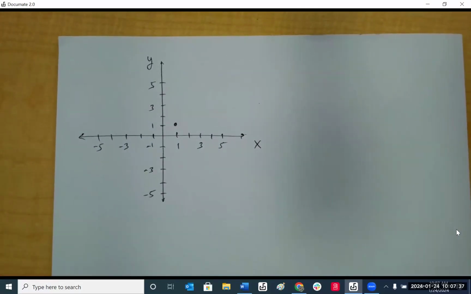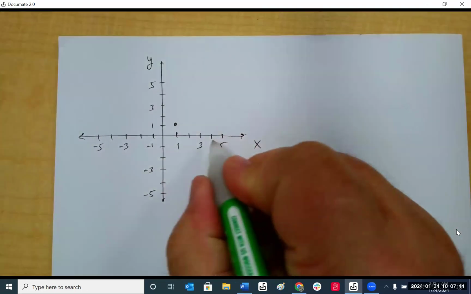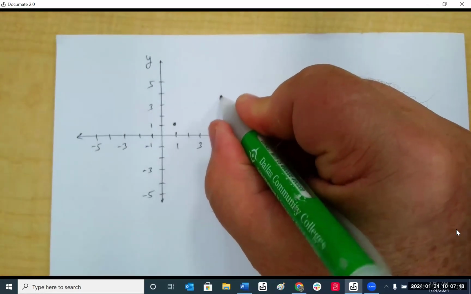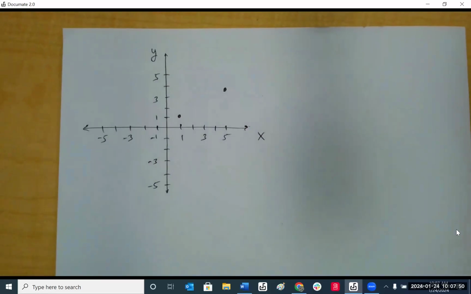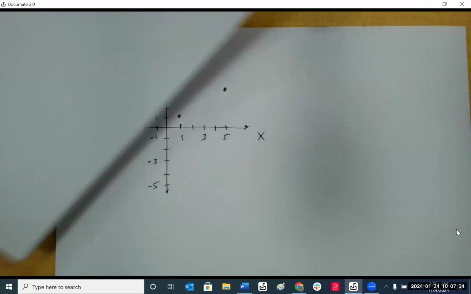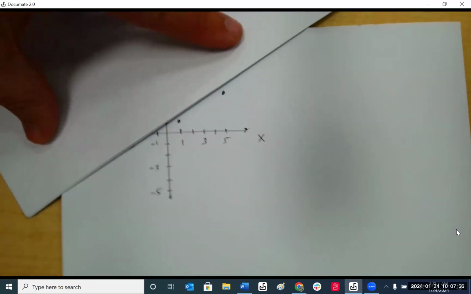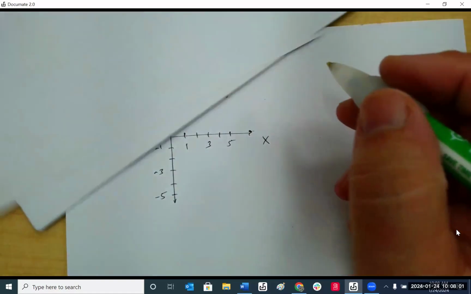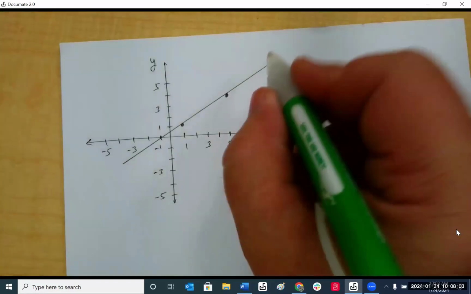How many points do we need to be able to draw one specific line? We need nothing more than 2 points. So at 5, 4, once you have 2 points, you can connect them. And now you have the graph of a line.